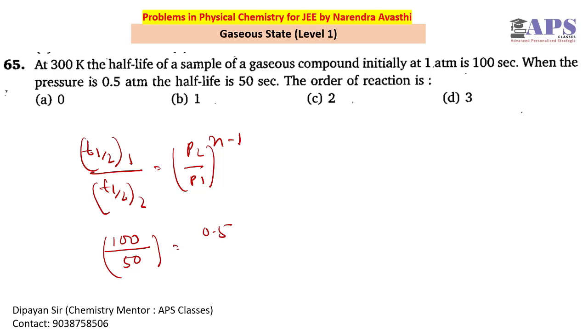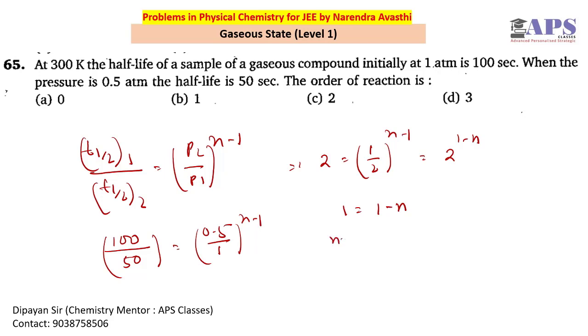Here we have 0.5 divided by 1, that is to the power n minus 1, or we can write 2 to the power half to the power n minus 1 equal to 2 to the power 1 minus n. So 1 equals 1 minus n, or n value will become 0. So it is a case of zero order reaction.